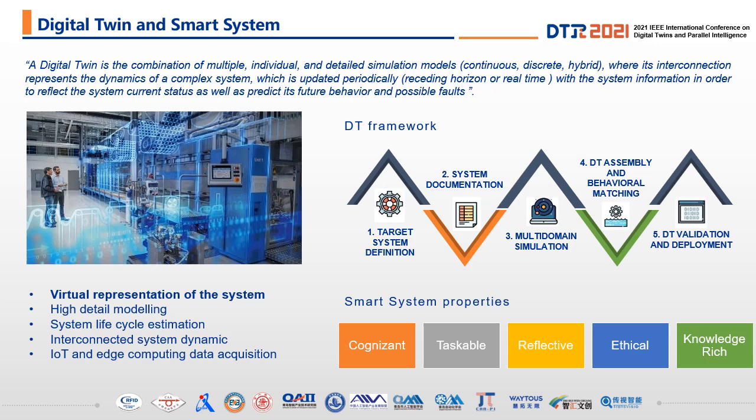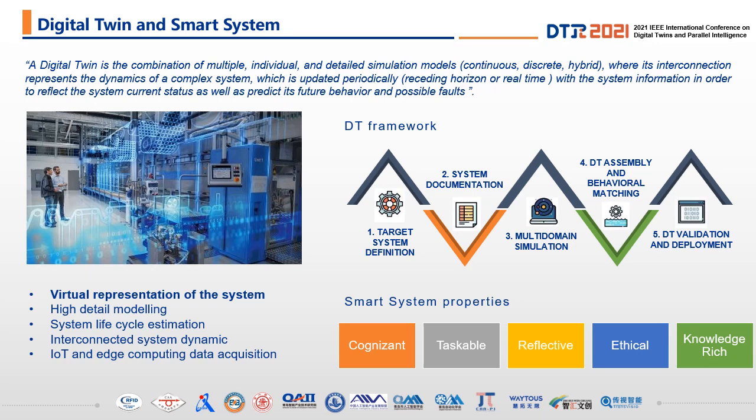In theory, any system can be virtually represented with a high modeling detail, performing a lot of further analysis like life cycle or closed-loop performance analysis, and also interconnecting with IoT and edge computing, and is supported at the same time by emerging technologies like artificial intelligence or machine learning.